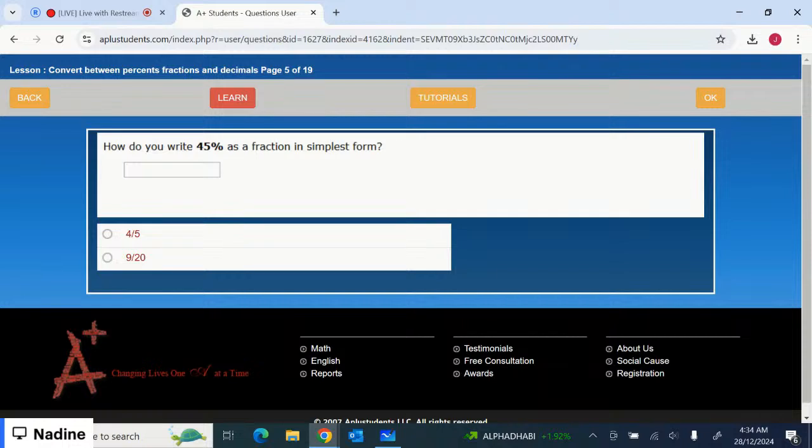So which is the correct option? 45% in simplest form, right? 9 over 20. Option number 2 is the correct option.